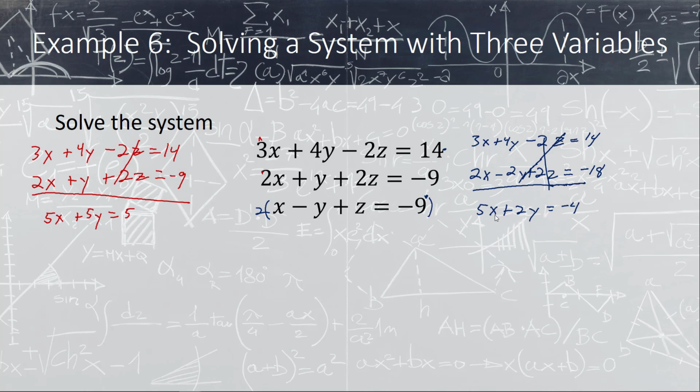Now notice how I have a 5x here and a 5x there. So what I can do is multiply one of them by -1, and then I can eliminate an x.